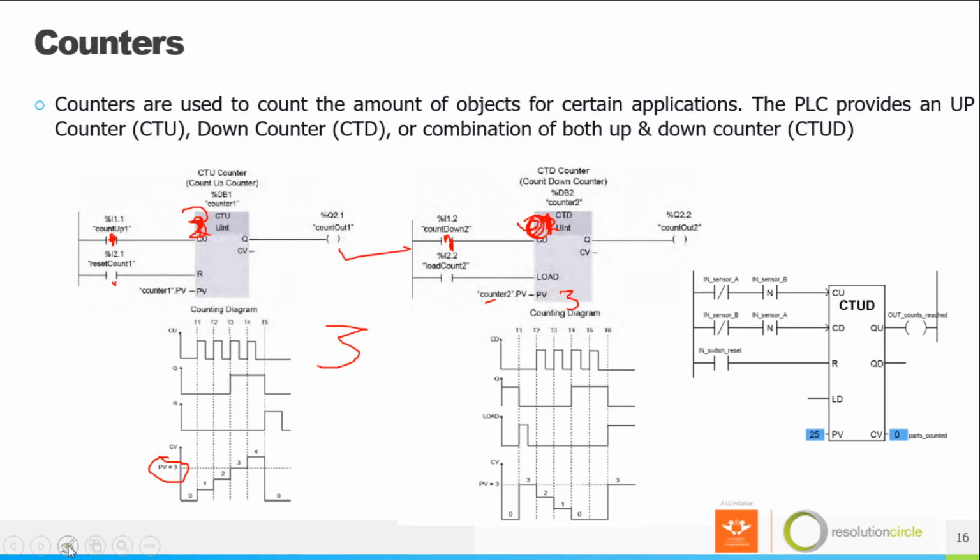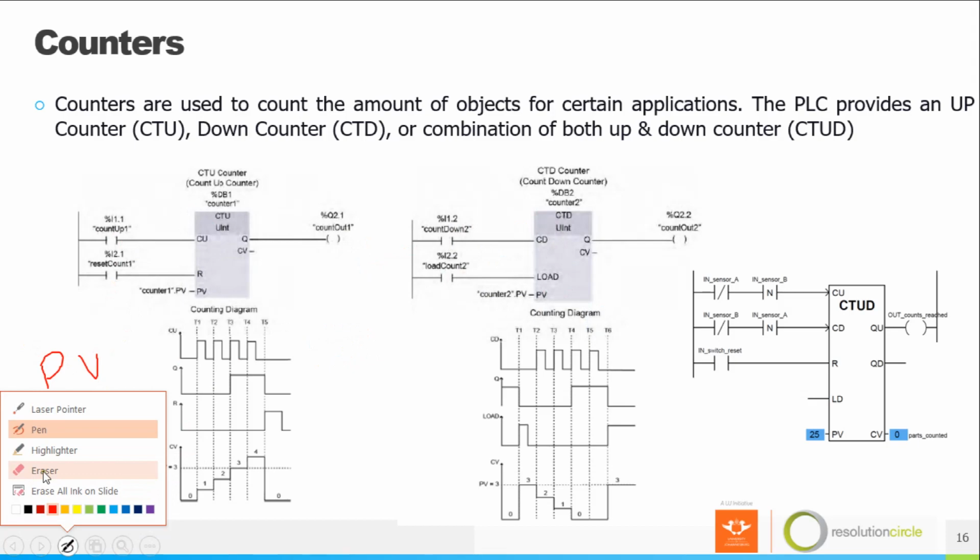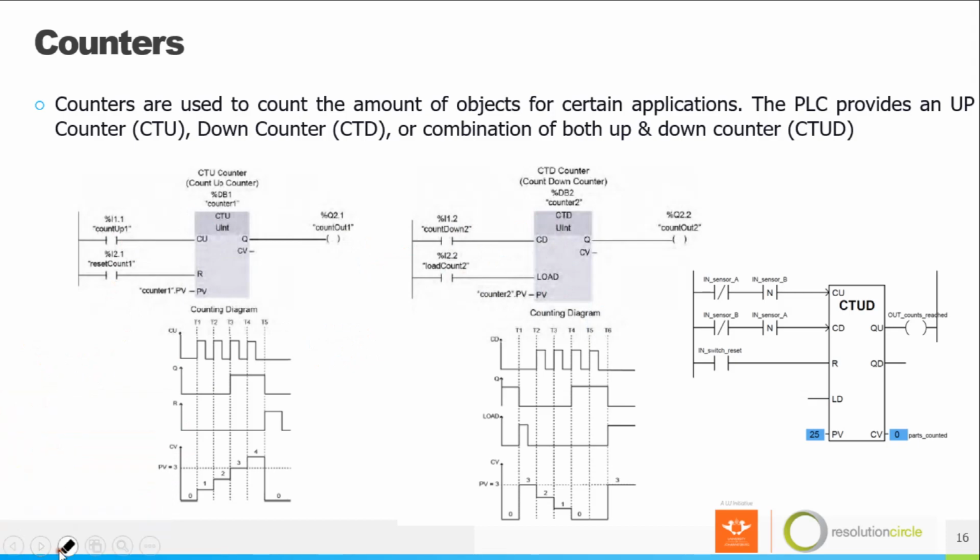Based on the function that you're going to put on your set, you'll declare, let me write it, you'll declare that whenever my PV is, not your PV, sorry, your Q, which is your output, whenever my Q is equal to 3, then I must have a high on the output.